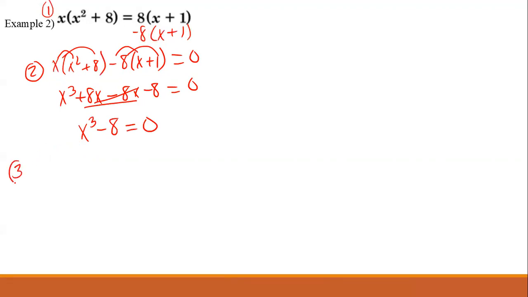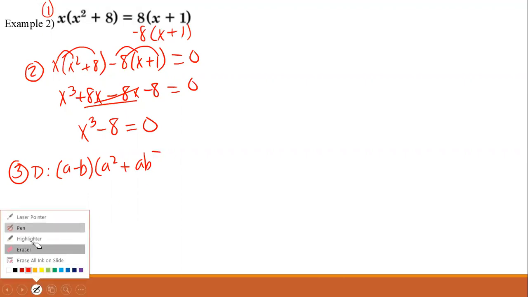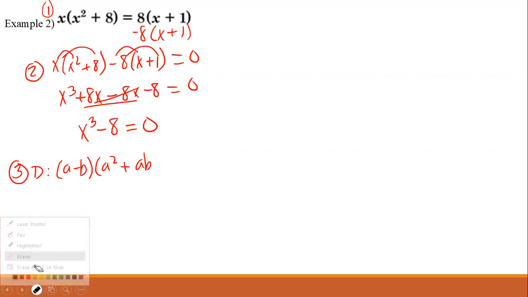Okay. Step 3 is you're either going to use sum or difference to factor this, so we're going to be using difference because it's subtraction. So we have a minus b times a squared plus a times b plus b squared.